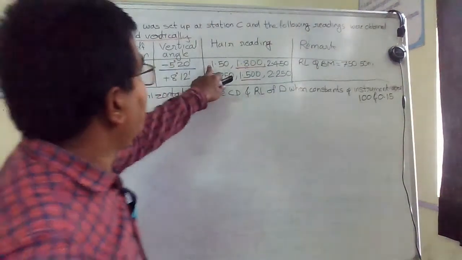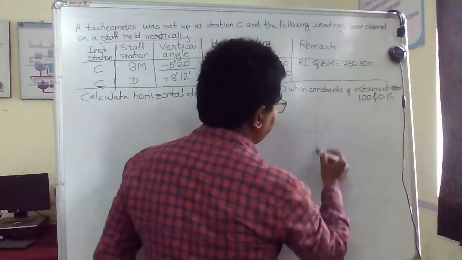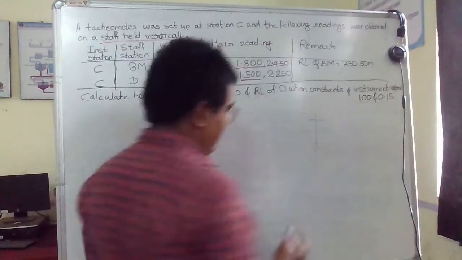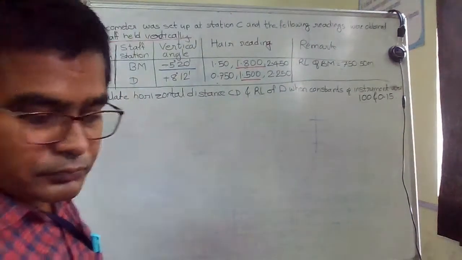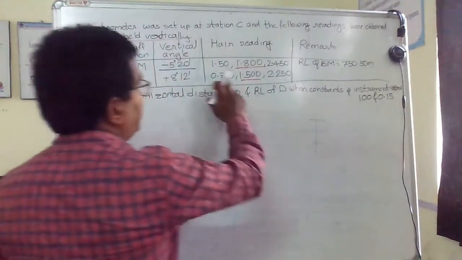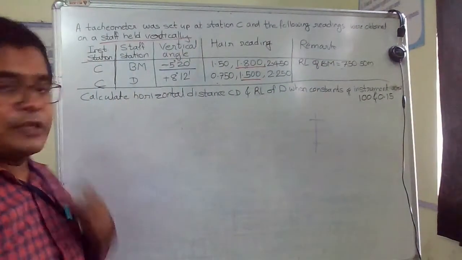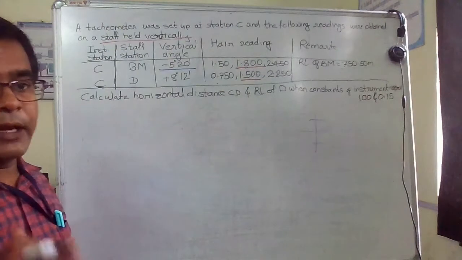Okay, and here the hair readings are given. These are the upper crosshair reading, middle crosshair reading, and lower crosshair reading. The readings are given and the benchmark is given. So the very first thing we have to think about is the diagram.